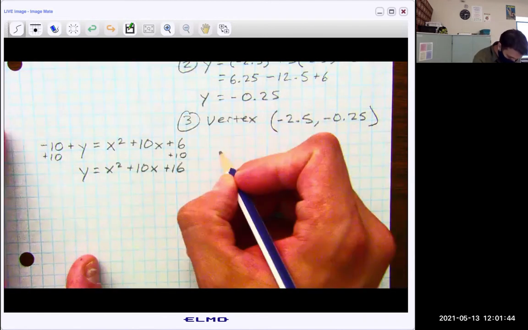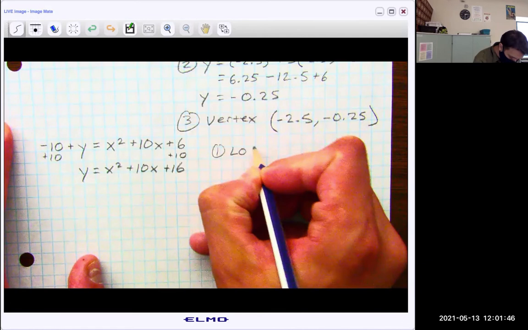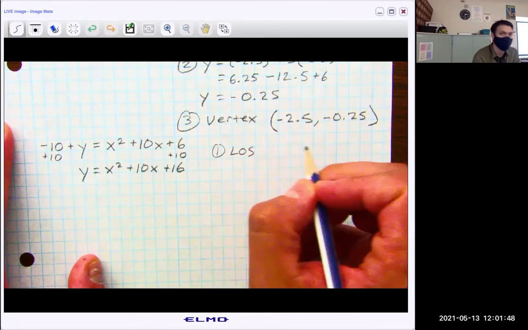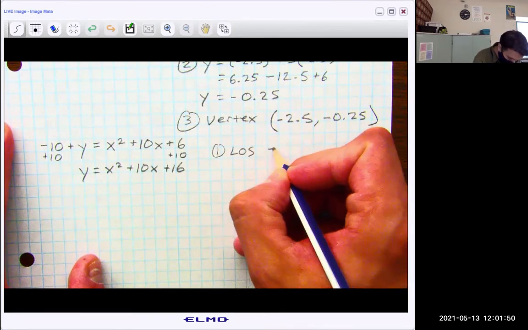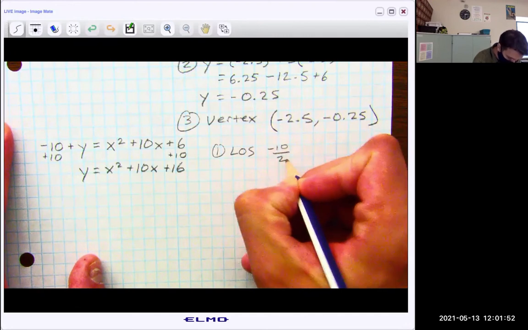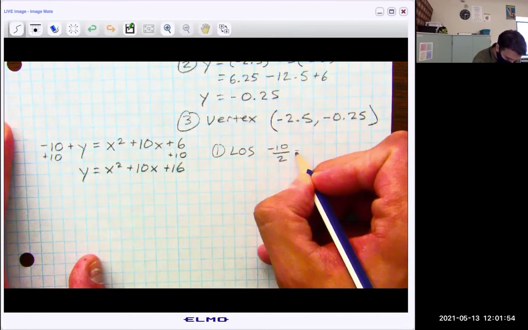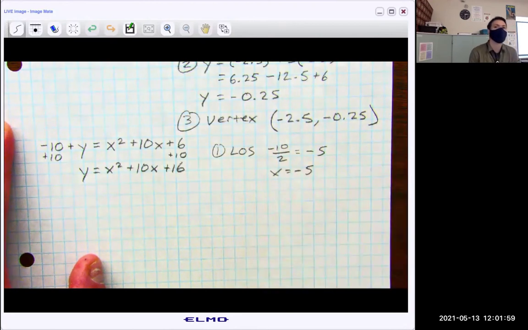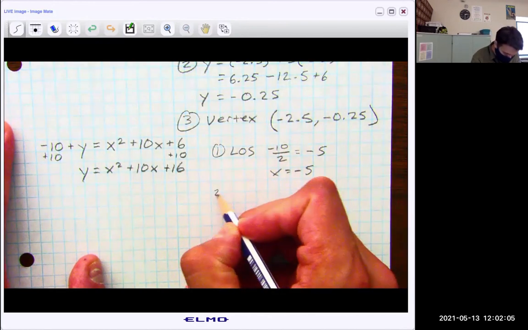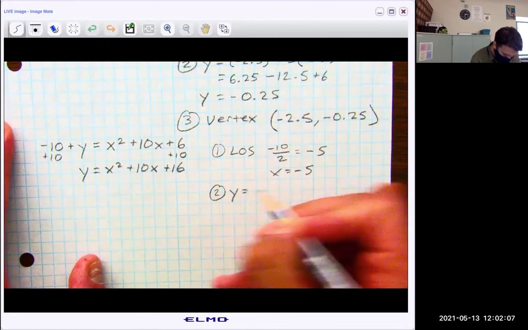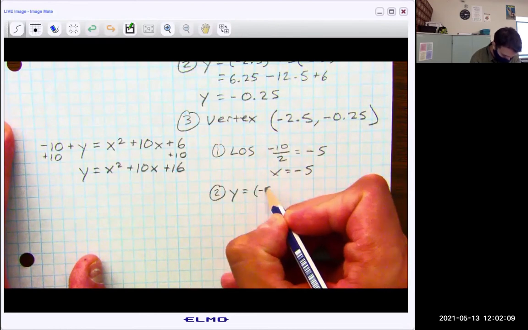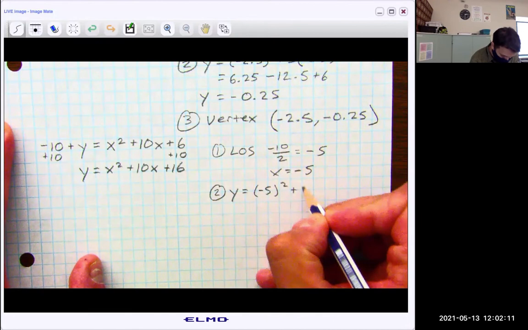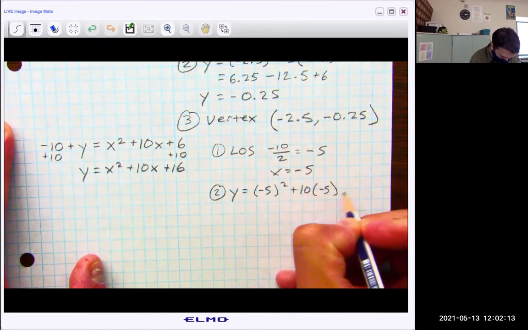So step 1 is the LOS, negative b over 2a. So negative 10 over 2 in this case. So our LOS is at negative 5. Step 2, plug it in. So it's going to be negative 5 squared plus 10 times negative 5 plus 16.